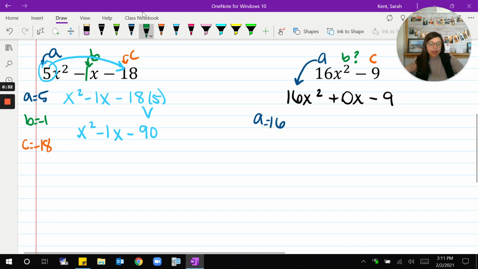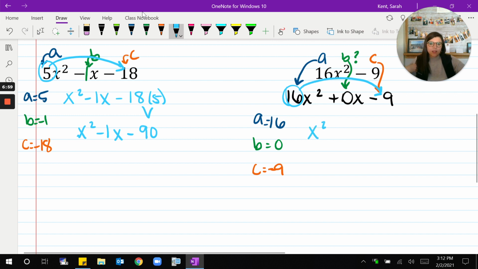When I look for B, before there was nothing, so that means it is 0. It goes away. And then C, our last number, is minus 9. So again, I can take my A and slide it all the way to the back to be with 9.